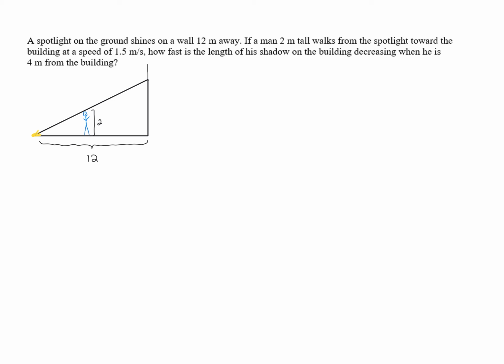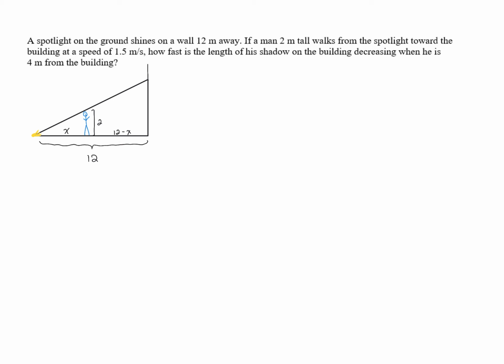That is an unknown. I'm going to write that as x because we often use x to represent horizontal distance. That means that this unknown over here is going to be 12 minus x. Because if that whole distance is 12 and one part is x, that means the remaining bit is 12 minus x. We could have decided that this was going to be x and that was going to be 12 minus x.